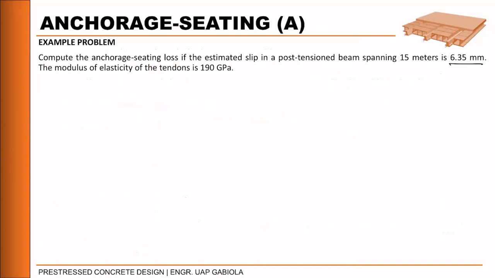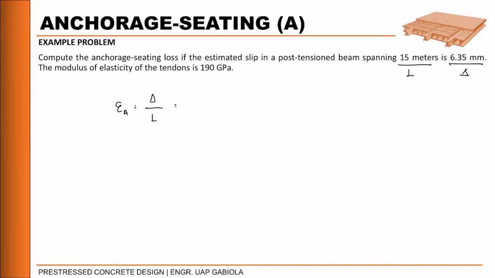Okay, ito, yung delta natin. And then we have a length. Okay? So, pag kinuha natin yung deformation natin due to anchorage slip equals yung strain natin due to anchorage slip rather. So, strain natin due to anchorage slip equals delta over original length.